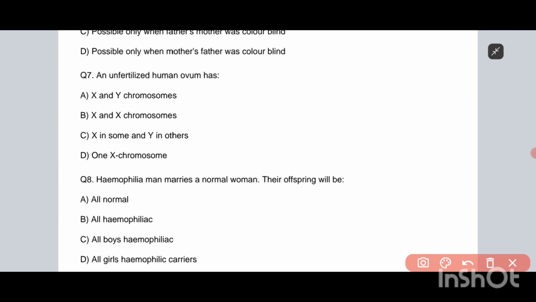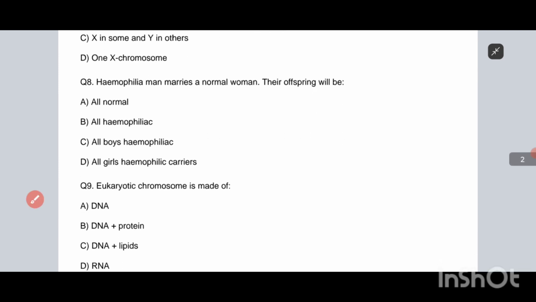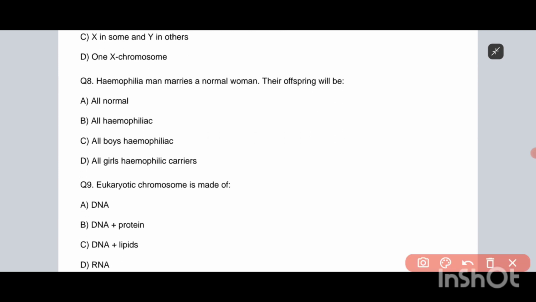Now we are going into question number 8. Question number 8 says that a hemophilic man marries a normal woman, their offspring. The options given are: A, all normal; B, all hemophilic; C, all boys hemophilic; D, all girls hemophilic carrier.